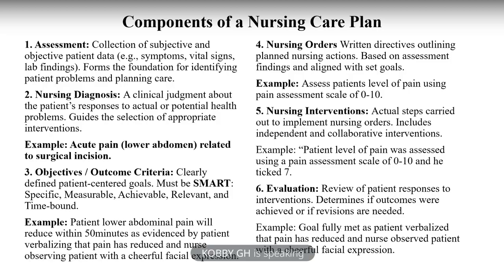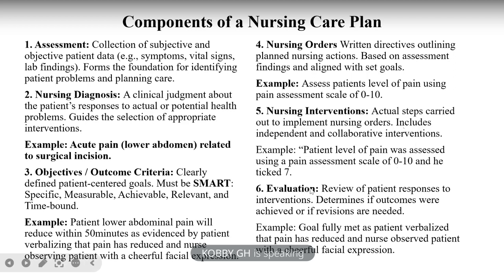So: assess patient's level of pain using pain assessment scale 0 to 10. Is that okay? Then if you are intervening, you convert it into past tense: patient's level of pain was assessed using a pain assessment scale 0 to 10, and he ticked 7. You see, and he ticked 7.